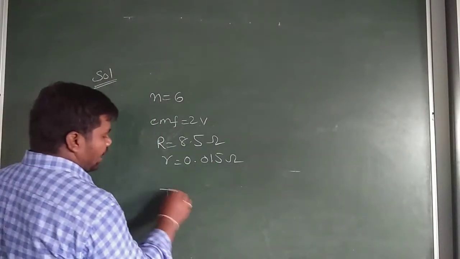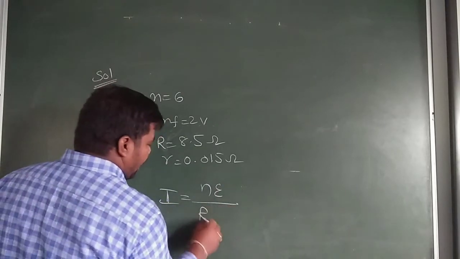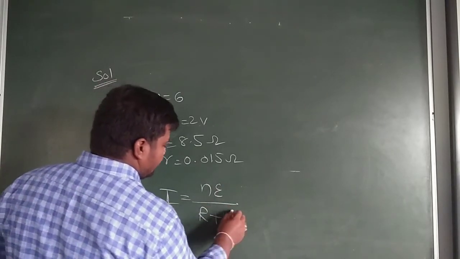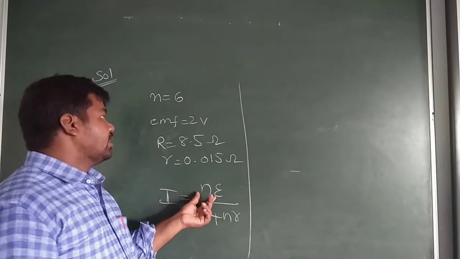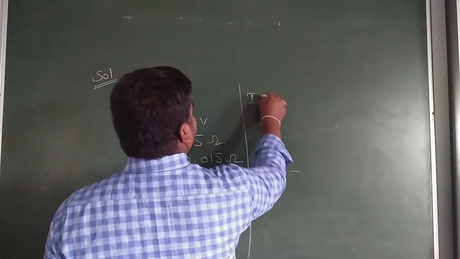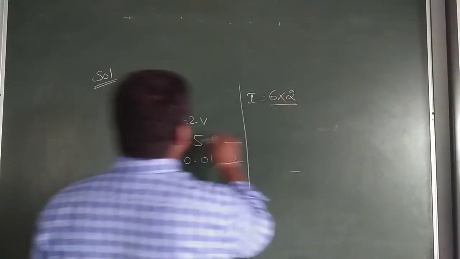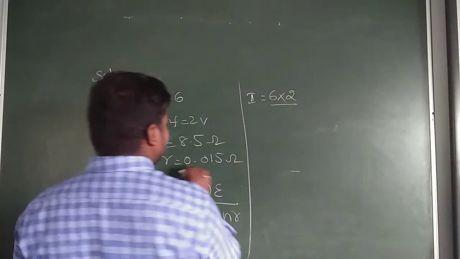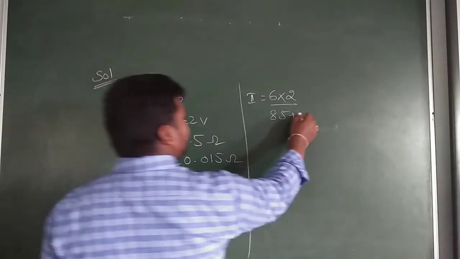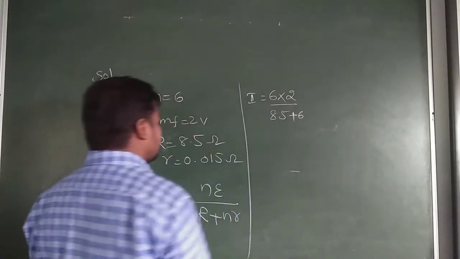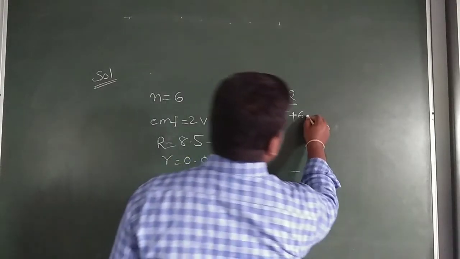Current I is equal to N E divided by R plus N r. This is the formula. N is 6, E is 2 volts, and the external resistance is 8.5 plus 6 cells each having internal resistance 0.015.